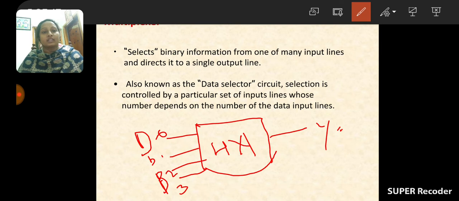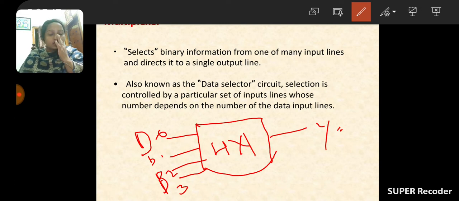D0 to D3, four lines are there, but the output is only one, whether it selects D0 or D1 or D2 or D3. Simply it will select the data from a particular line. That's why it is also called a data selector.